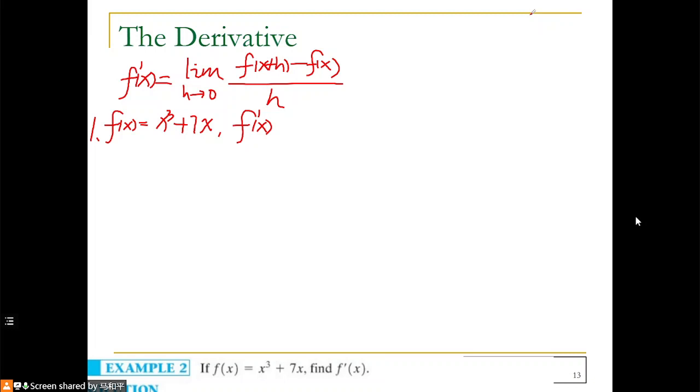Solve this example, then example 2. I hope you can finish one during this time. Hello, students online, please try to find f prime of x.